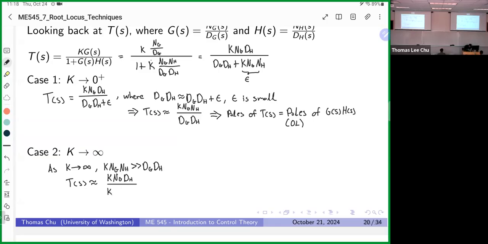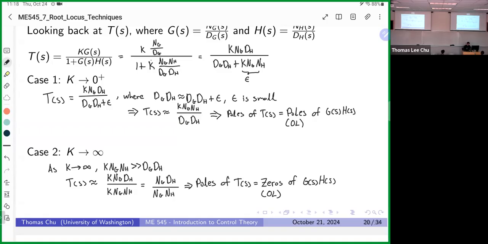The K's cancel out, which becomes NG DH divided by NG NH, which means that the poles of T of S are equal to the zeros of G of S H of S, the open loop zeros specifically.